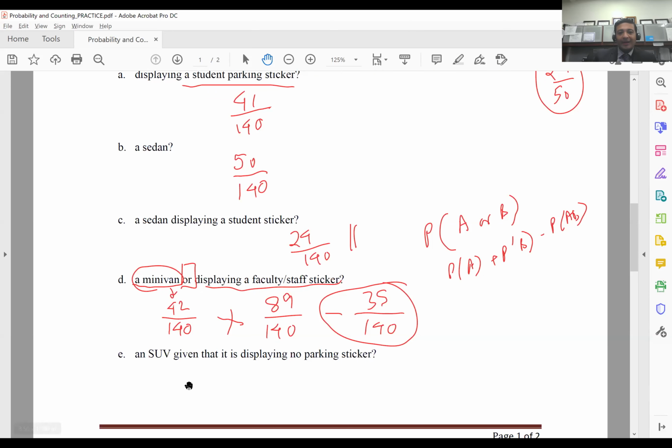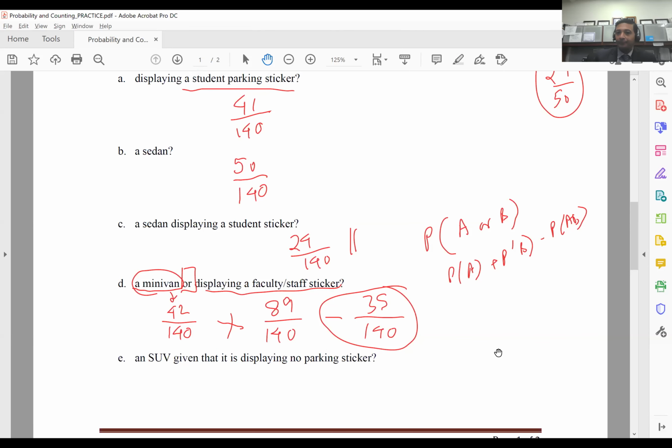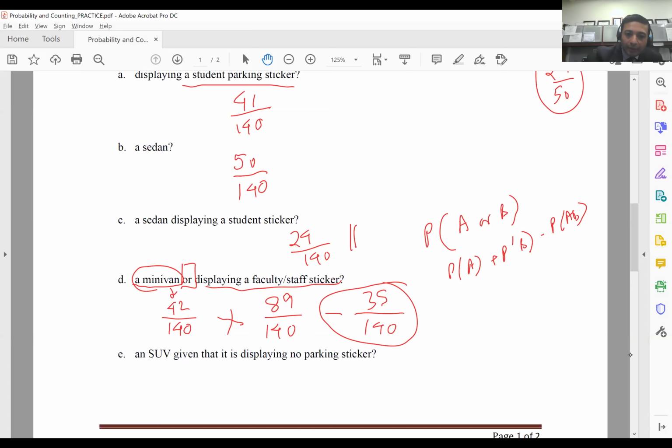Last, an SUV given that it is displaying no parking sticker. So the probability of an SUV given no parking sticker becomes the probability of the SUV and no parking sticker, divided by the probability of the cars with no parking sticker.